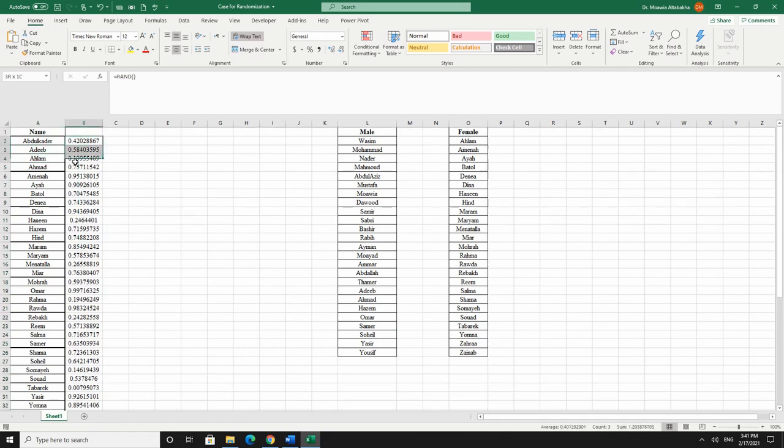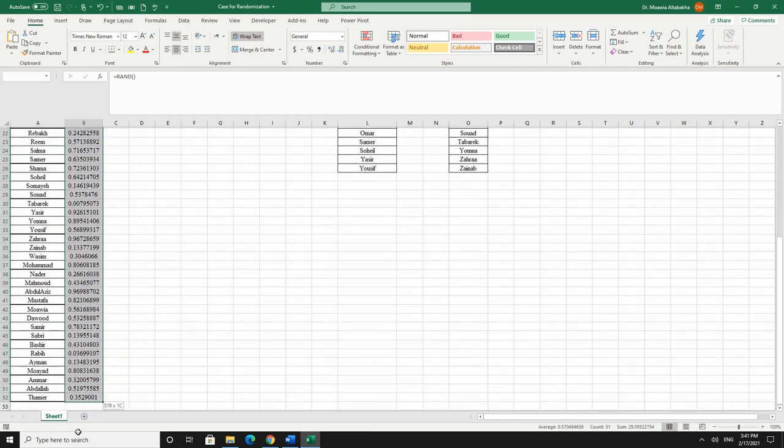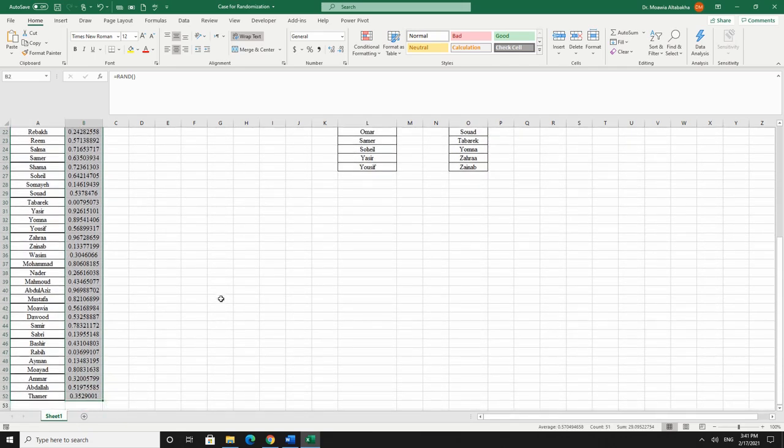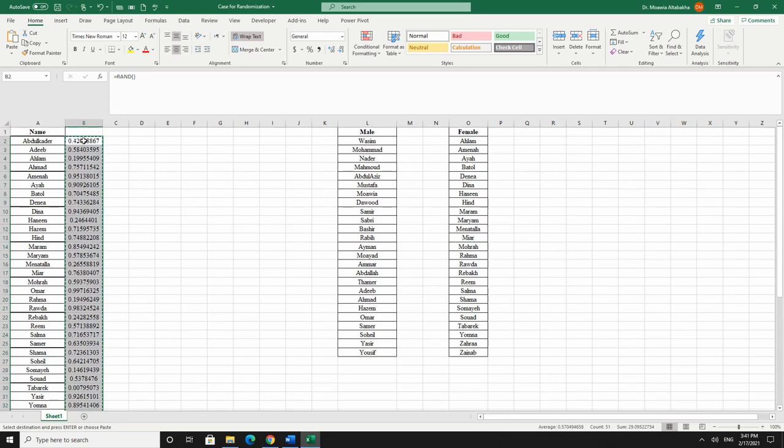Now what you do is you copy these numbers and paste them again here as numbers, because now they are formulas. So you have to paste them as numbers. Now they are no longer formulas, no longer equal to RAND. I took the same numbers that I got and just pasted them as numbers. See what I will do. Now I will ask Excel to arrange them according to the number, either from top to bottom or from bottom to top.